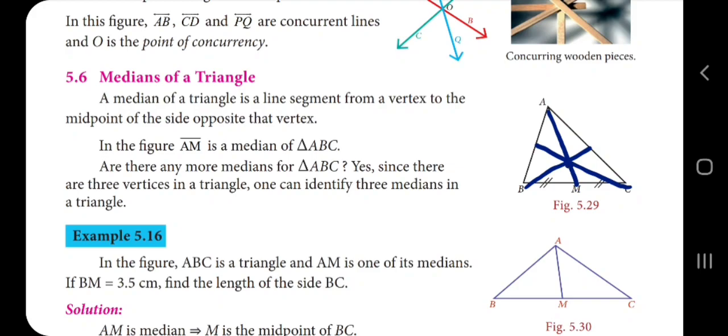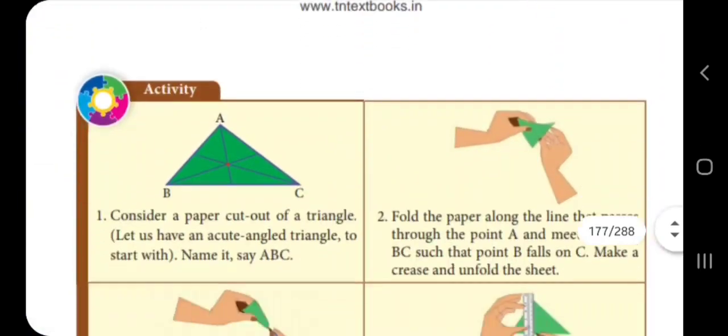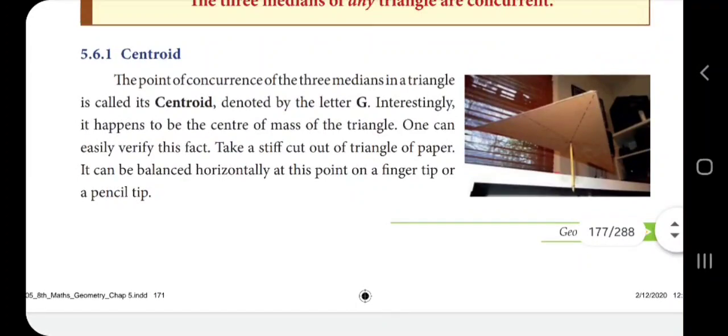I will read it once again: the point of concurrency of the three medians in a triangle is called its centroid. The centroid is denoted by the capital letter G. These are very important. If they mention capital letter G, we can understand that it is a centroid.